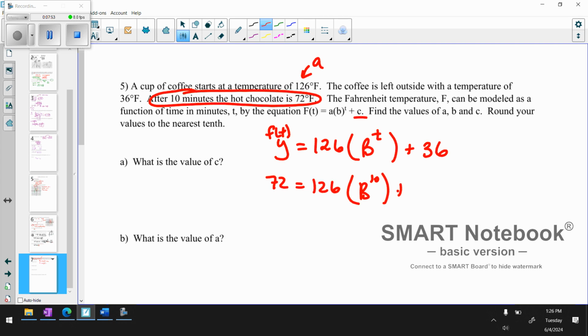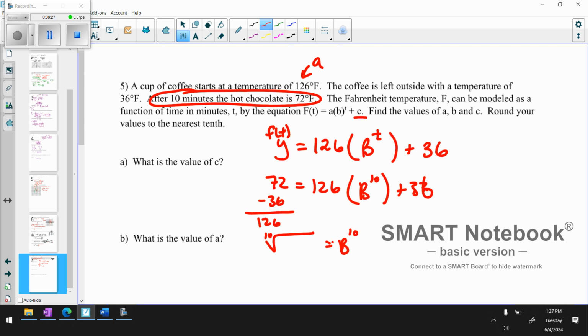So now I'm just going to plug in a couple things. Right? I'm going to subtract 36 over, divide by 126, take the 10th root of that. So minus 36, get that answer, divide by 126, and then I'm going to take the 10th root of that answer, right?